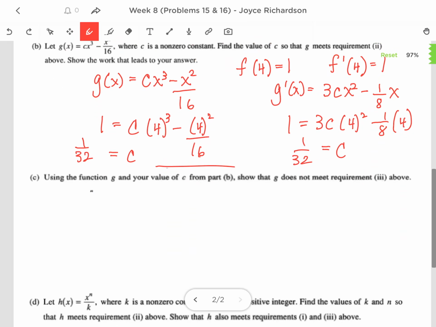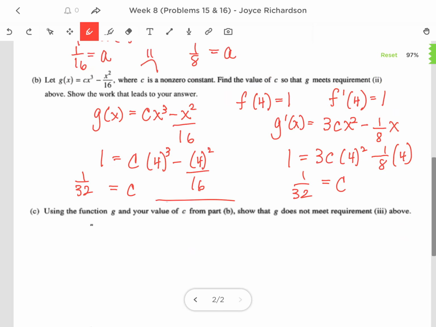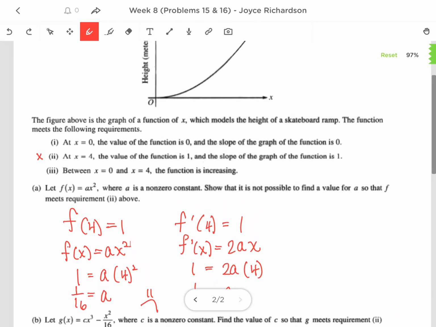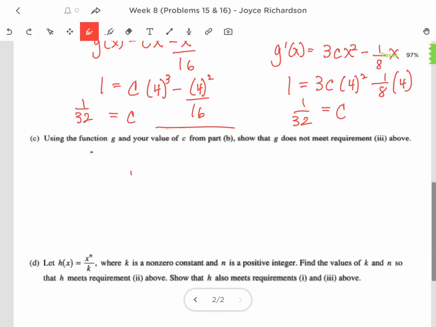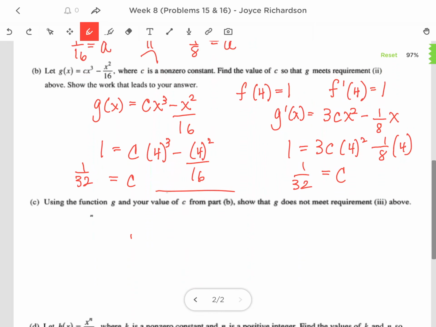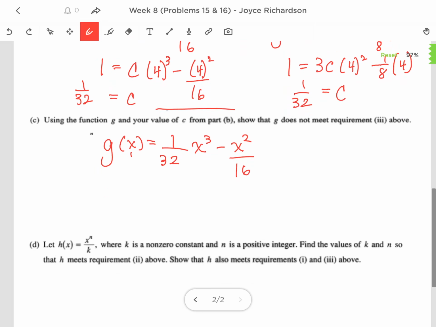For part C, it says using the function g and your value of c from part B, show that g does not meet requirement 3 above. Requirement 3 being that the function is increasing. So I'm going to put g and c together. g of x is now equal to 1/32 x cubed minus x squared over 16.